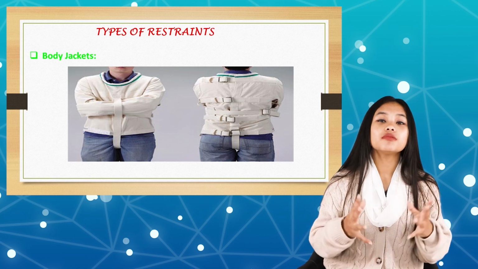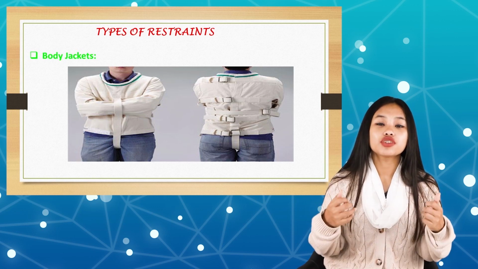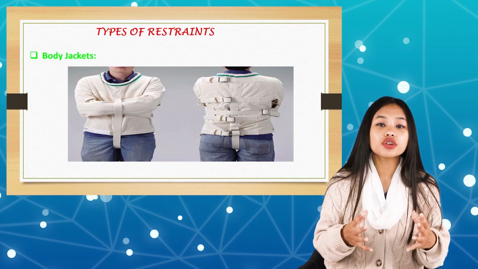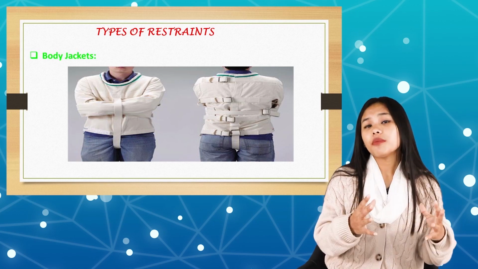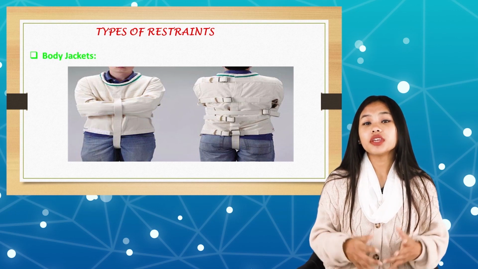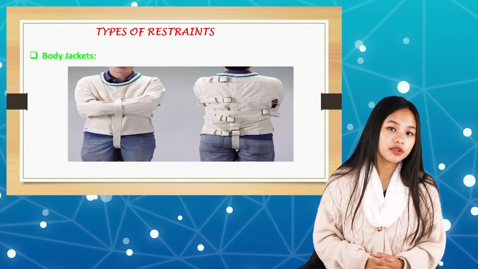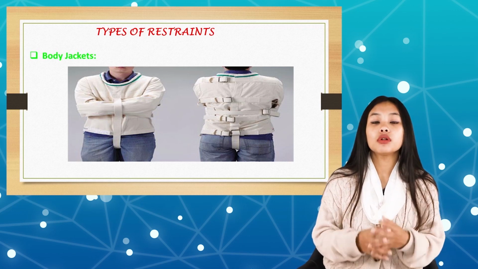So here what we will be doing is telling the client to wear the jacket, and then we'll be tying the jacket at the back, and the straps from the jacket are then tied on the bed frame under the mattress. So in this manner, the client will not be able to sit on the bed, whereby they will always be in the lying position.